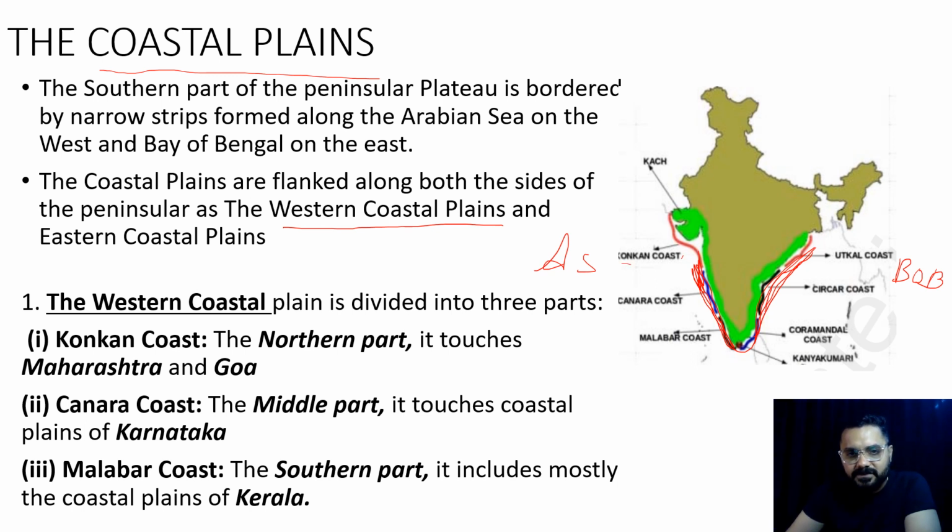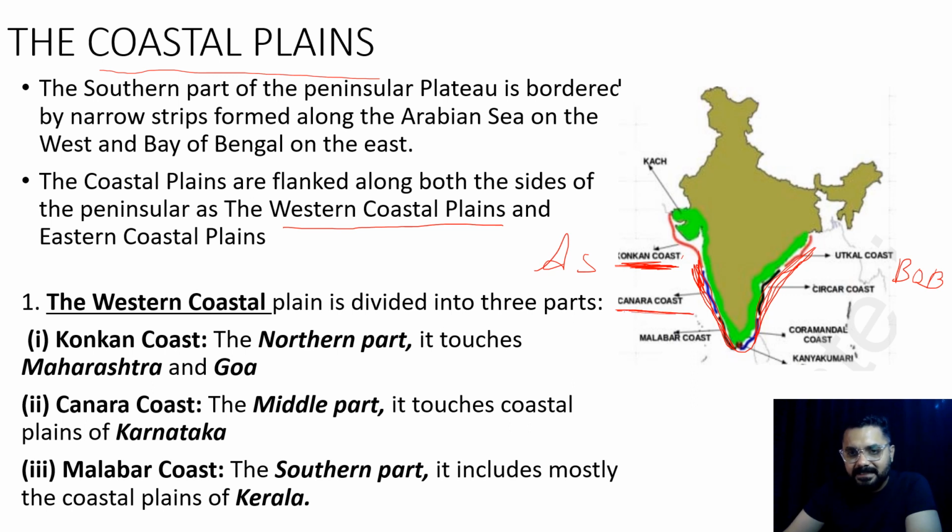The first portion, as you can see here, covering the states of Maharashtra and Goa, is called the Konkan Coast, and the next part of the western coastal plain is the Canara Coast. This is the middle portion of the western coastal plain, and it touches the plains of Karnataka.